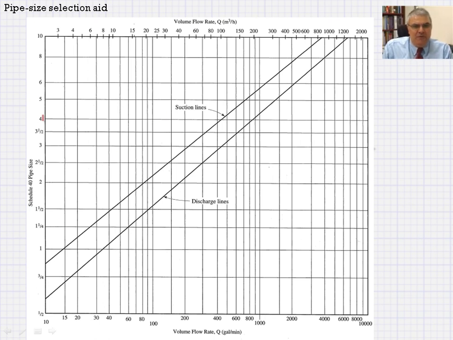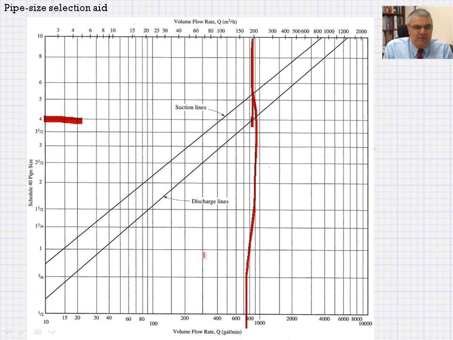So if you have, for example, according to Schedule 40, a pipe size 4, and you want to see what should be the volume flow rate for a discharge line, you just continue this line. At some point, it's going to intersect this line, and then you read this number either at the top or bottom. Of course, it's supposed to be a straight line, but my line is not really that straight.